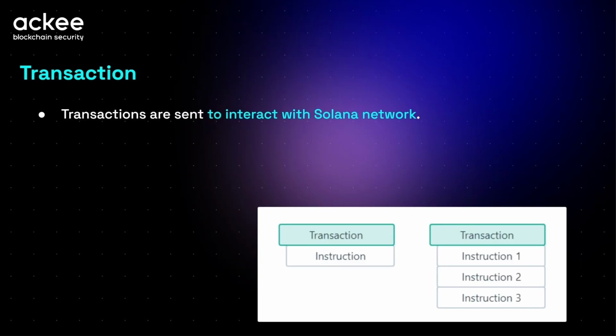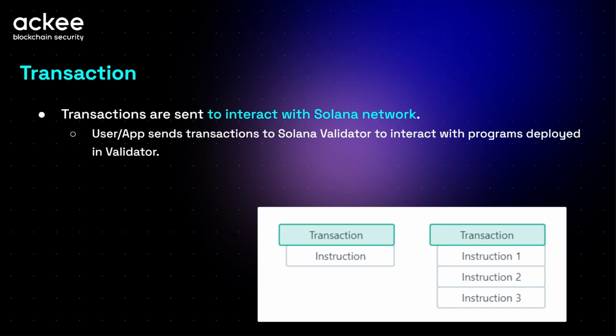Then the transactions contain instructions. These instructions can be executed by Solana programs. So a user or app sends transactions to a Solana validator to interact with programs deployed in the validator. Just to clarify, why do I have the user or app?